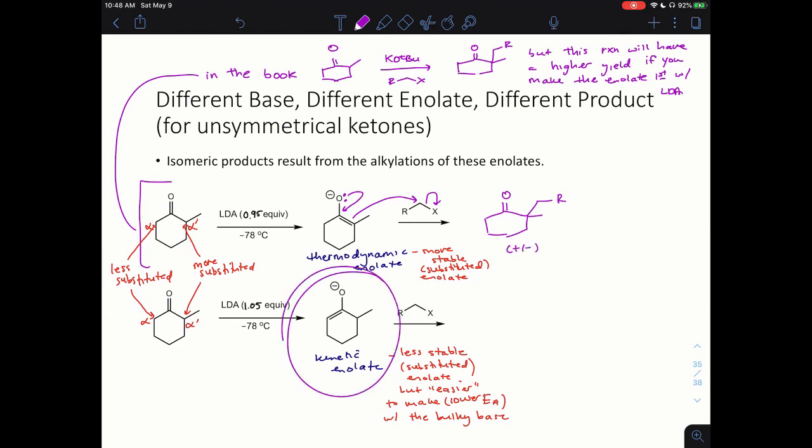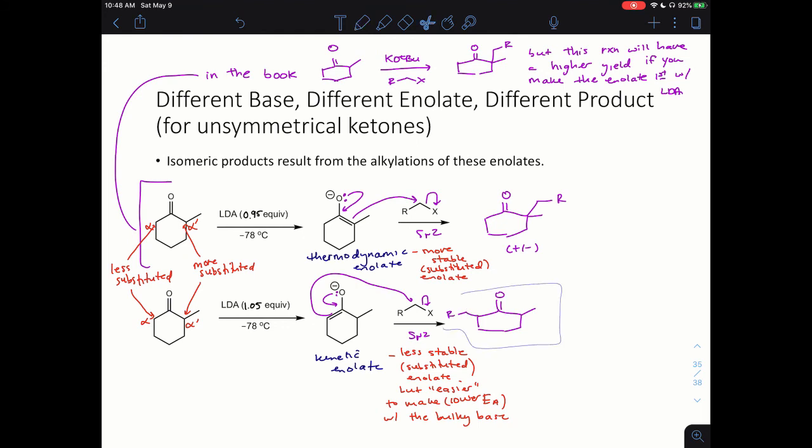And if we took the kinetic enolate and treated it with the same alkyl halide, this can undergo an SN2 just as before and generate the constitutional isomer, which would look like this, and that would probably be a mixture of diastereomers, a big mess, but we'll just put plus minus here.